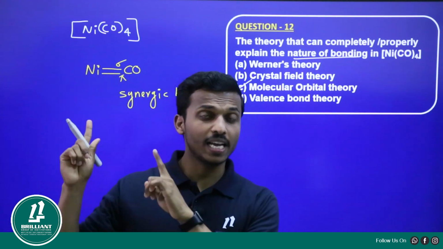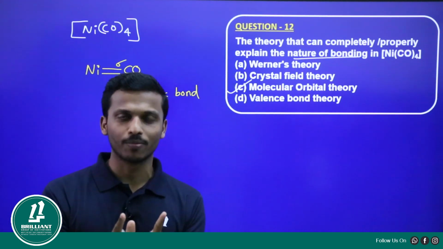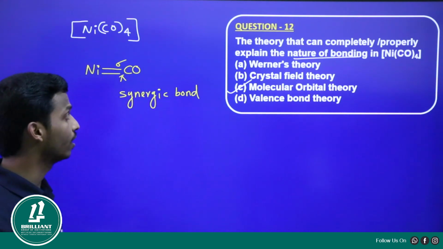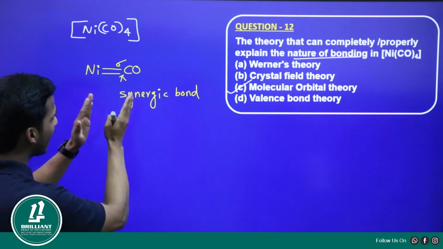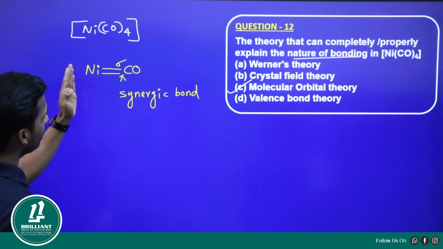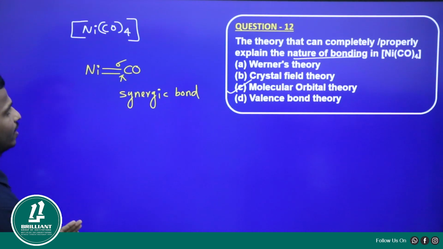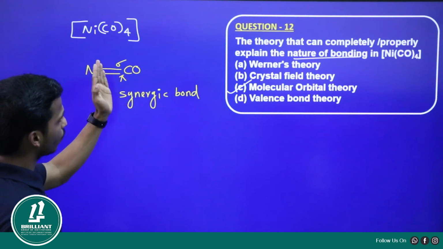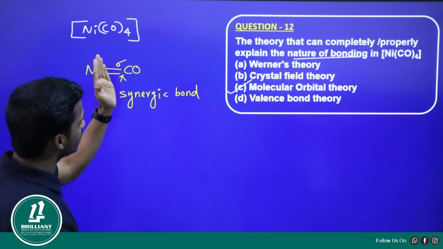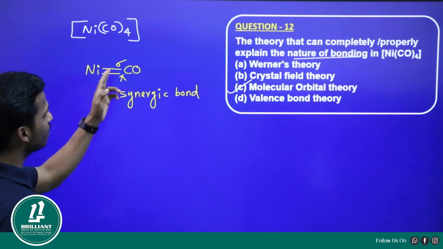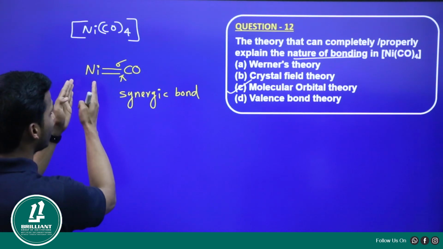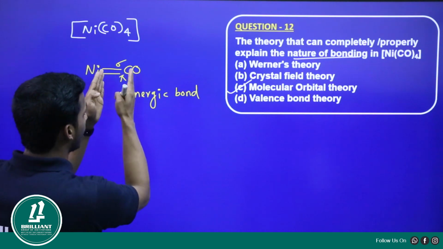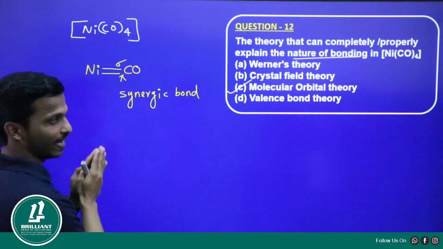Student, very careful: the sigma bond is formed by the overlap between the empty orbital of the metal atom and the filled orbital, or the lone pair of electrons, in CO. Once again, the sigma bond is formed by the overlap between the empty orbital of the metal atom with the lone pair of electrons in the CO ligand.